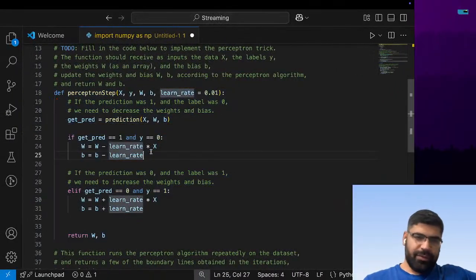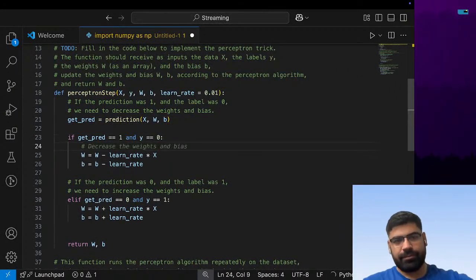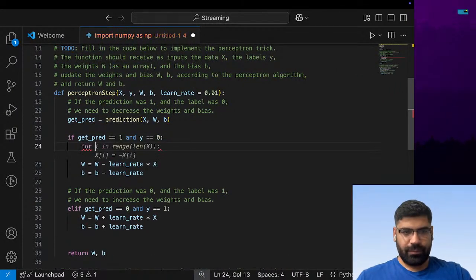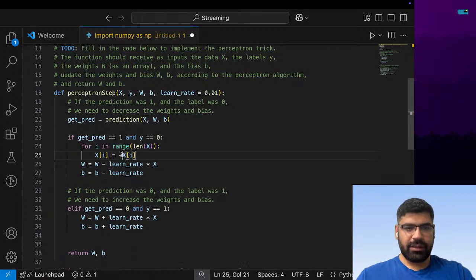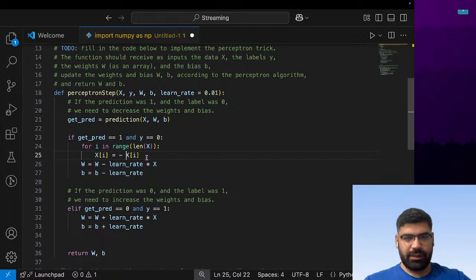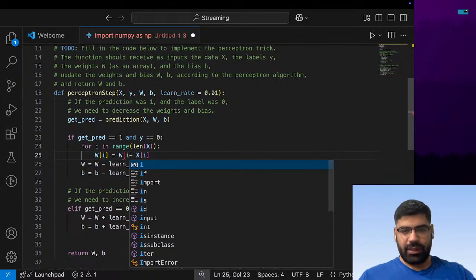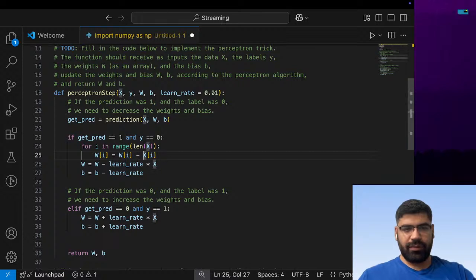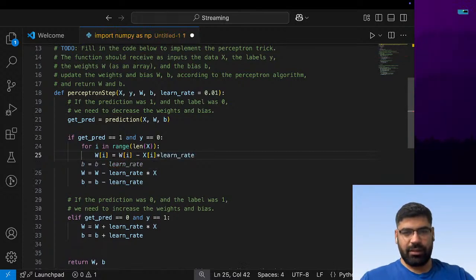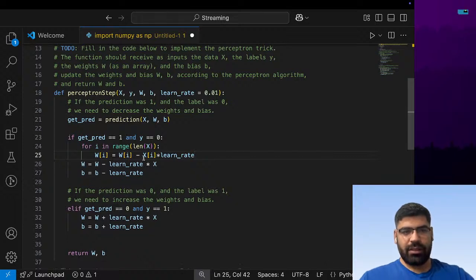Okay, so what we have to do is: for i in range of length of x. X is equal to this, right? We are changing every X. Oh, we don't change every X actually. We change the weight. Weight of i is equal to weight of i plus X times the learn rate, for every weight. So we don't do this.